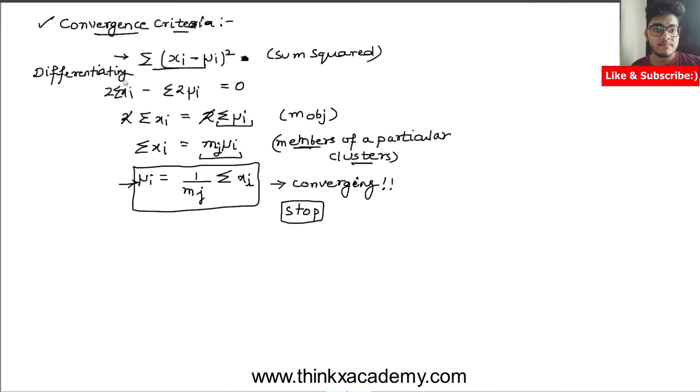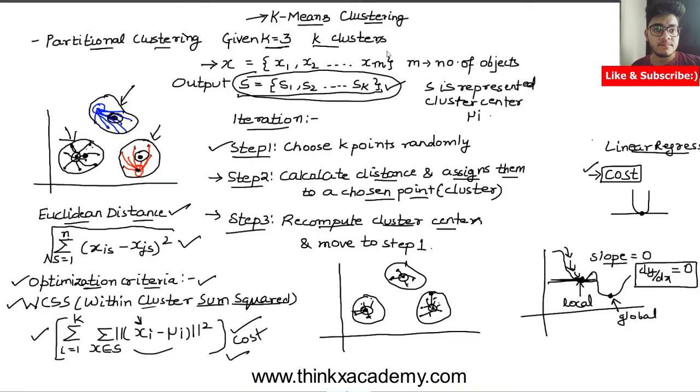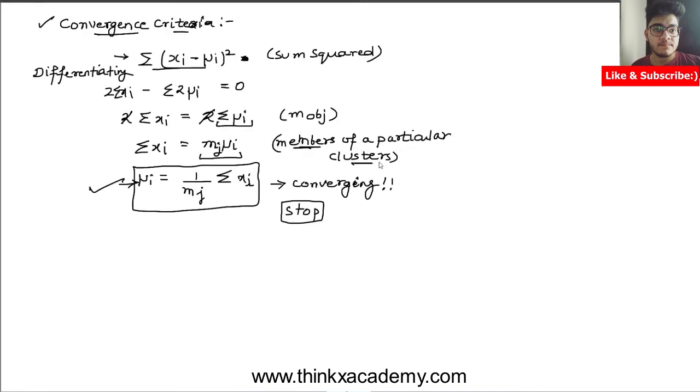We use this, we differentiate, and after differentiating we have come up with this equation. So whenever the mu i, which is the cluster center, is equal to 1 upon mj summation of xi, it means that the algorithm has now converged, and at that point we will stop and return with this output, which is the k number of clusters.